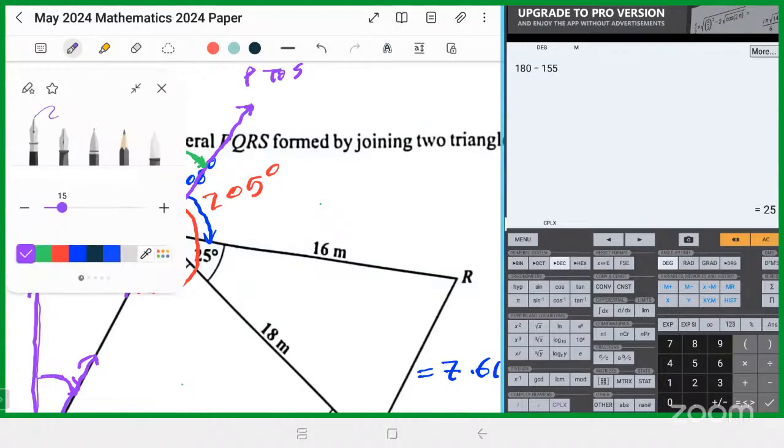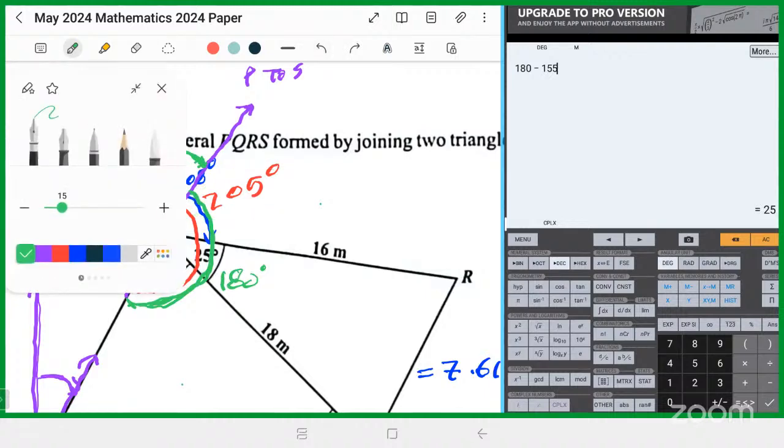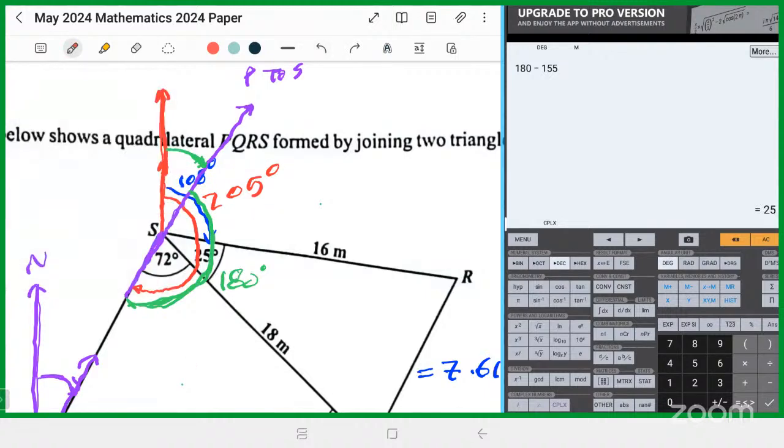everything down here, on this purple line from here to here, around this point, is 180 degrees. Total angle on a straight line, 180 degrees. And the total angle, the red angle, is 205. So from the north line, come all the way around to here, we said it's 205 degrees.